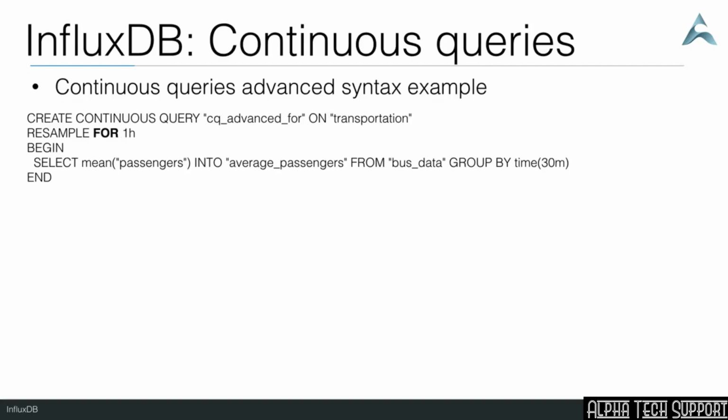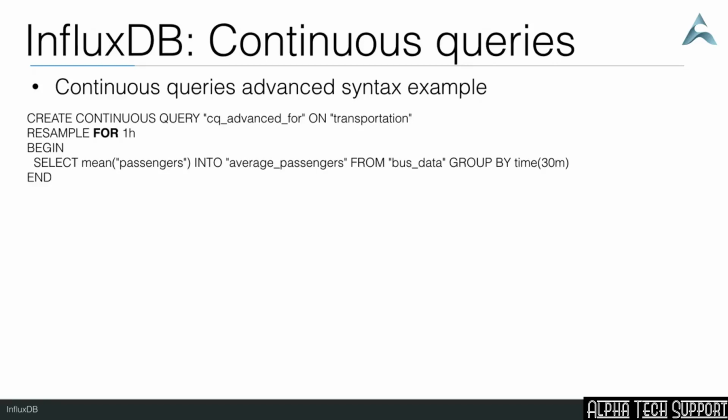Using a for interval in the resample clause to specify the length of the continuous query's time range. CQ_advanced_for calculates the 30-minute average of passengers from the bus_data measurement and stores the result in the average_passenger measurement in the transportation database.